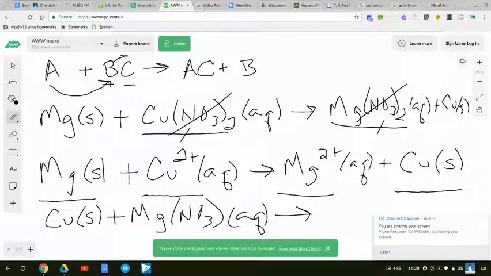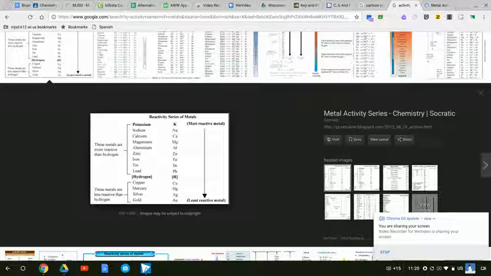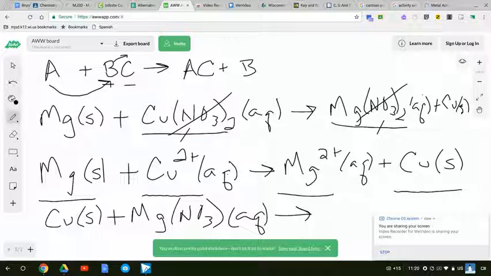Magnesium is more reactive than copper, or copper is less reactive than magnesium. And if copper is less reactive, it's not going to come in here and kick our magnesium out. This doesn't happen. We saw this in our lab as well, so we would have no reaction here.